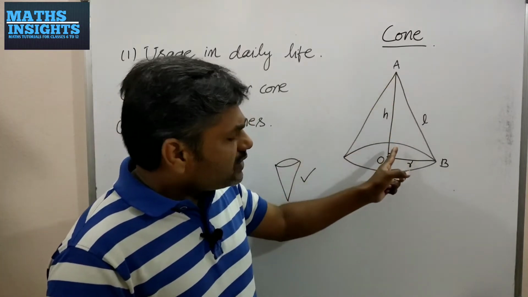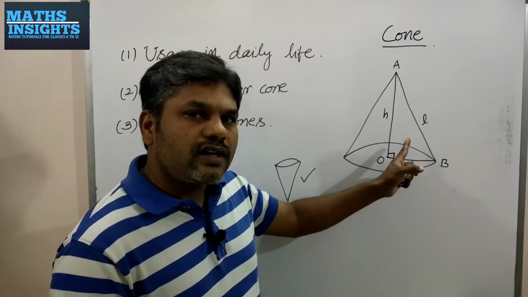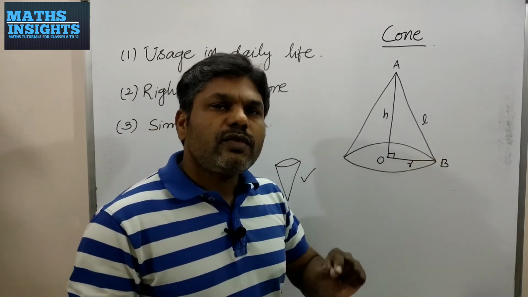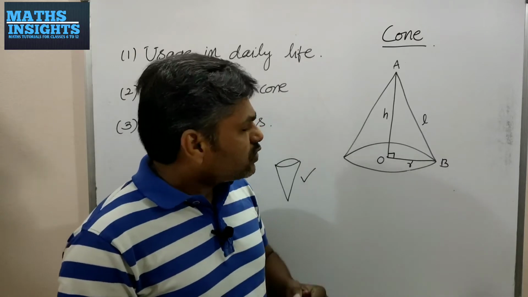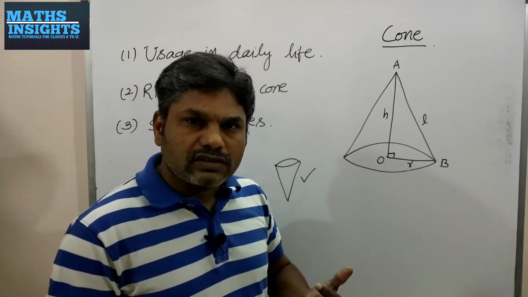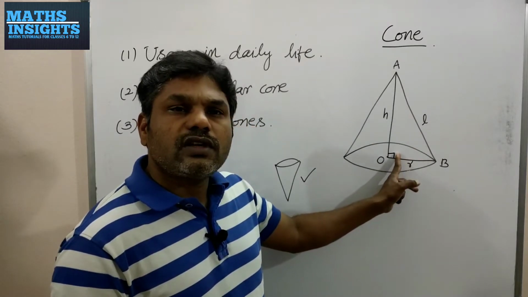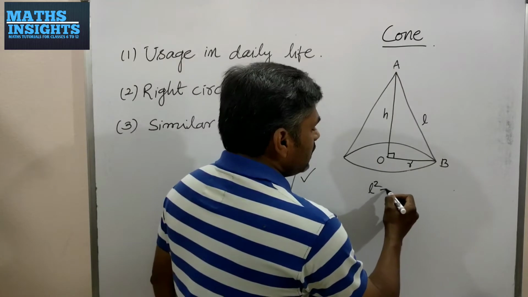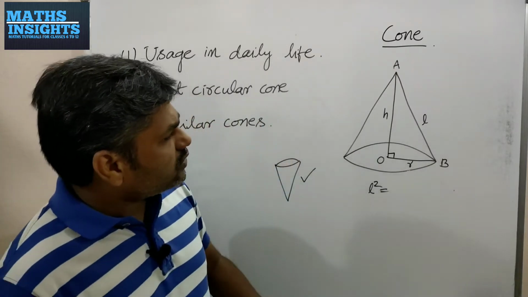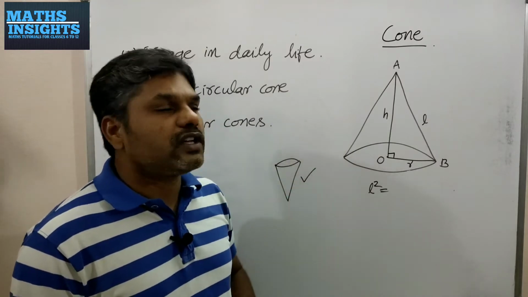And if it is observed that this is a right angle triangle, in a right angle triangle you may apply the Pythagoras theorem. Pythagoras theorem says that the square of the hypotenuse, meaning the side which is opposite to the right angle, that is L, L square is equal to the sum of squares of the remaining two sides.